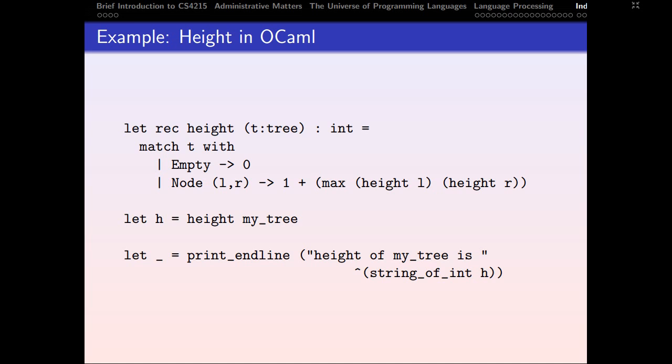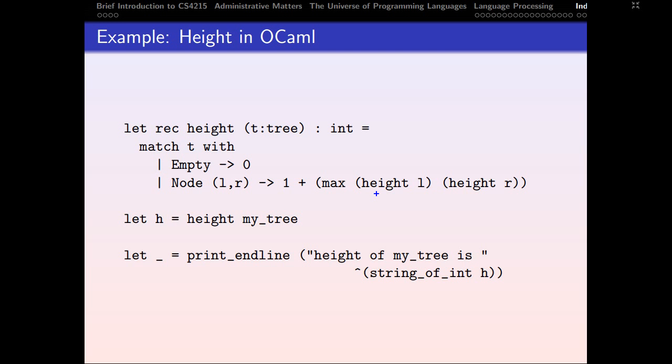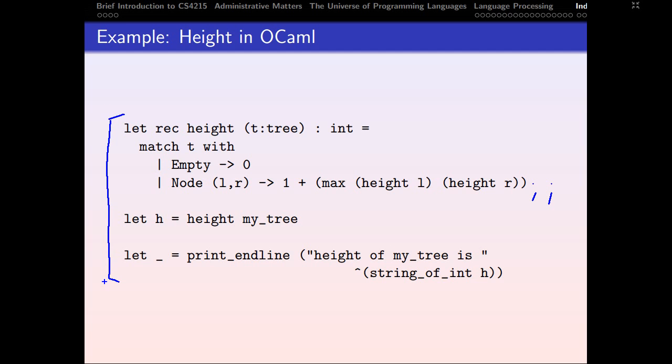Now, there's a bit more to add here. If you input this in the interactive environment, you will have to add the double semicolon at the end of each line. Everybody's familiar with that? Cool. On the other hand, if you have this entire piece of text inside a file and you want to compile it, simply writing print_endline will not work.